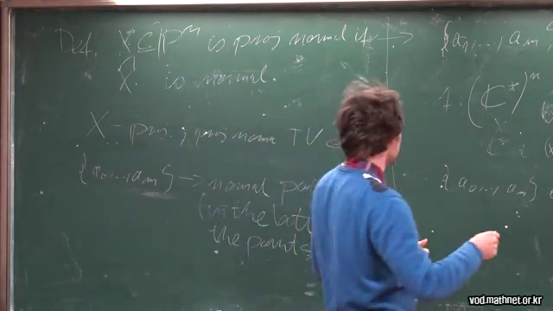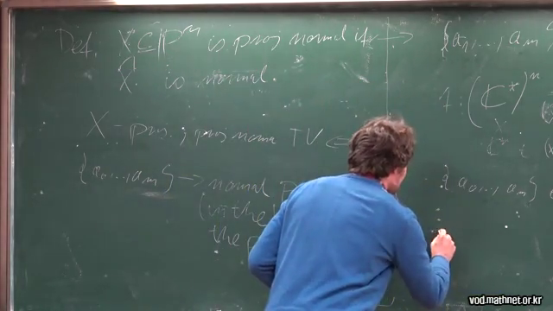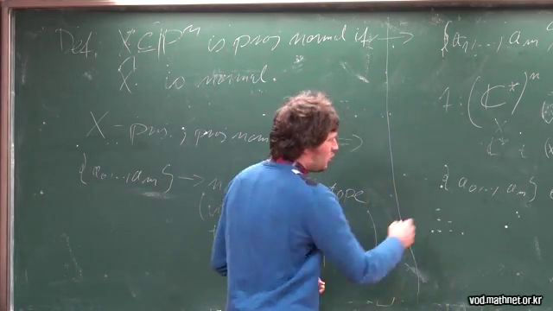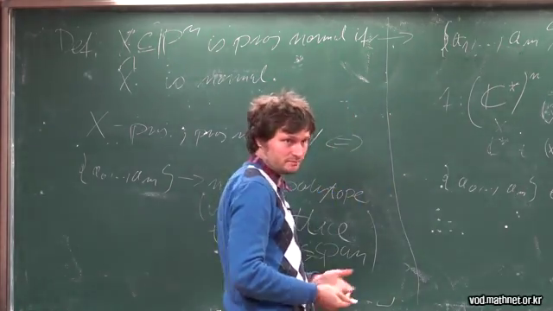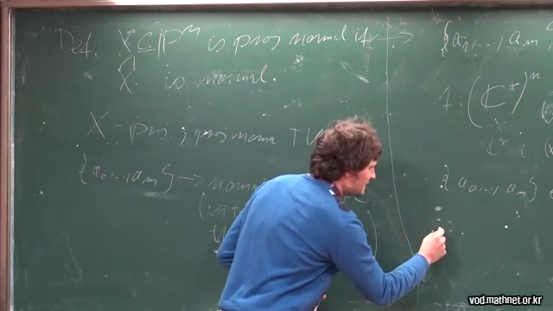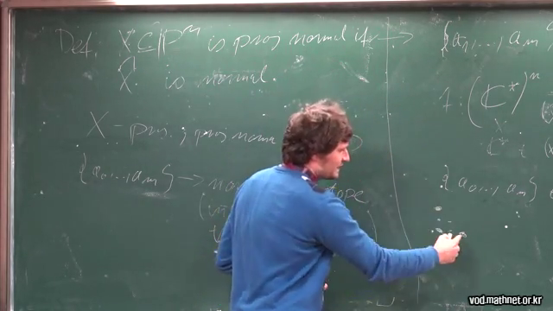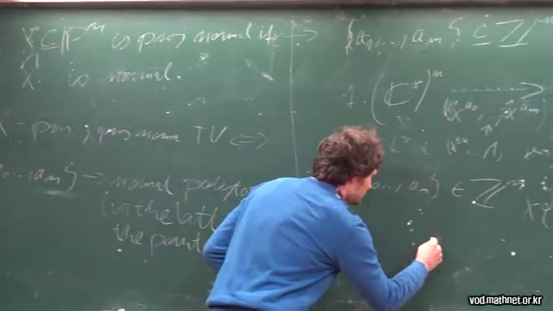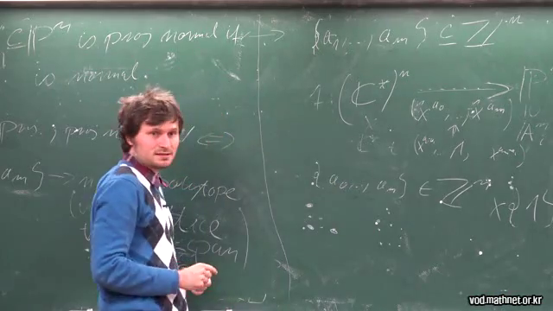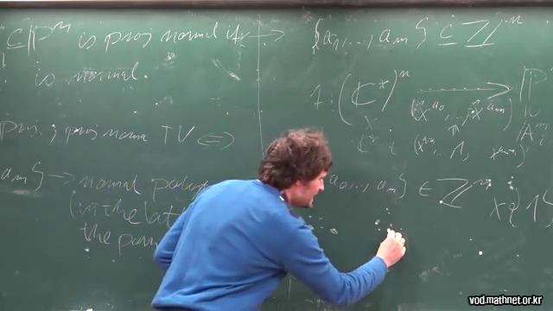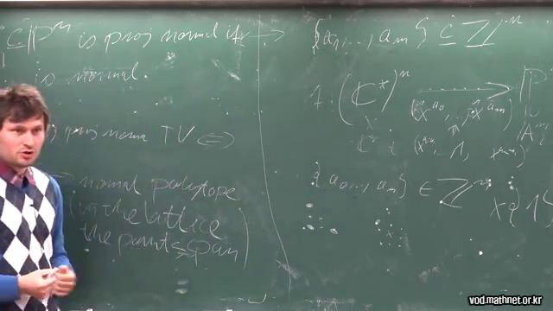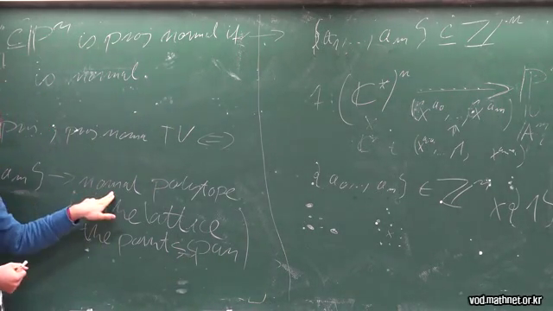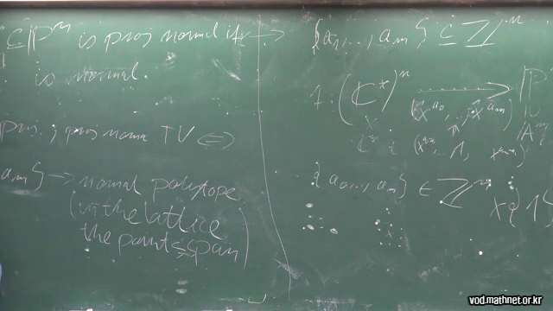An example: there were already some examples given by Greg. If you take all of these points here, these are all lattice points in a convex hull of those 3 points. But if you take these points, this is not a polytope because you are missing a point in the convex hull. Okay? And there is one more thing, normal.